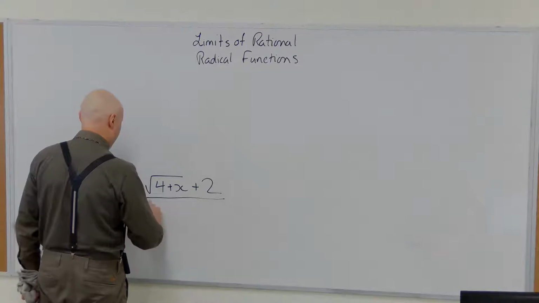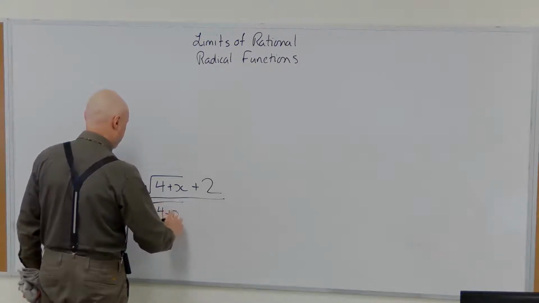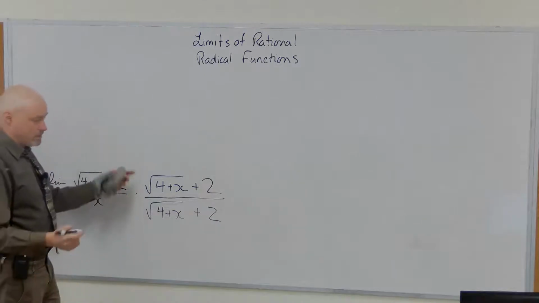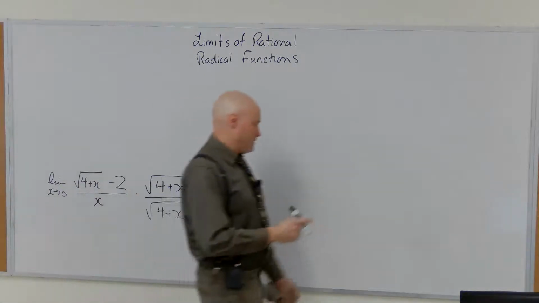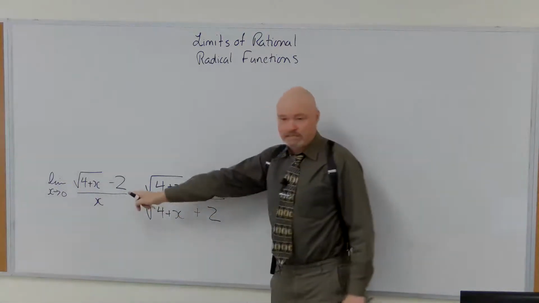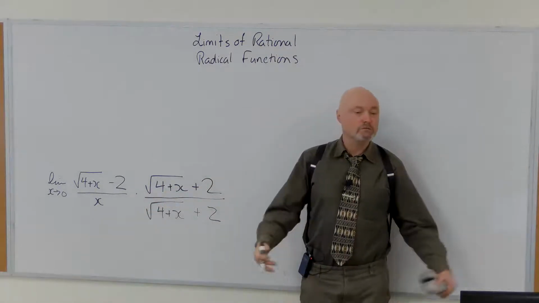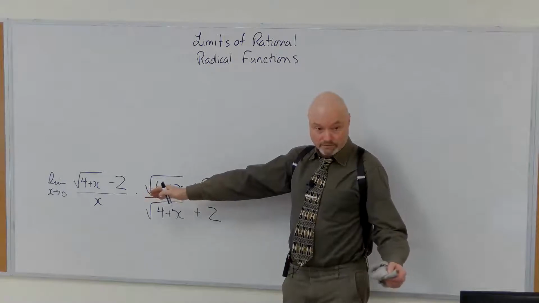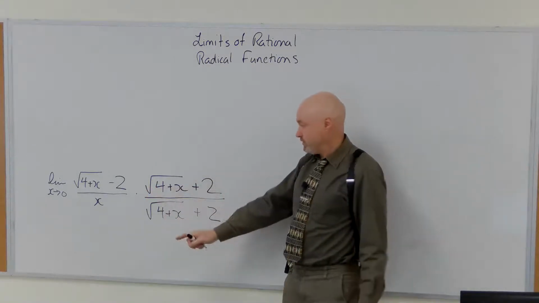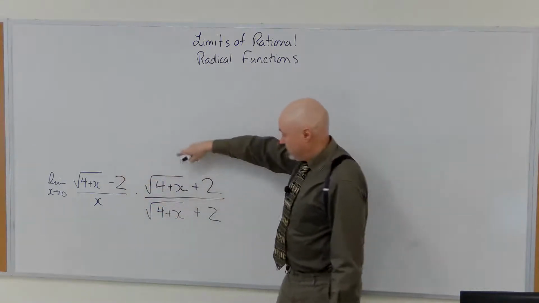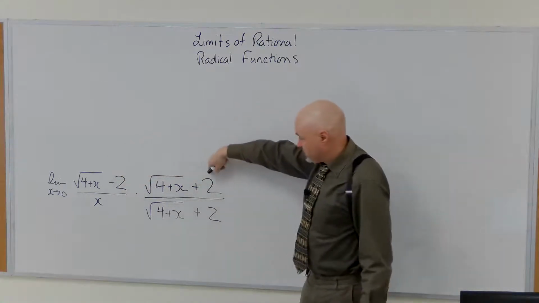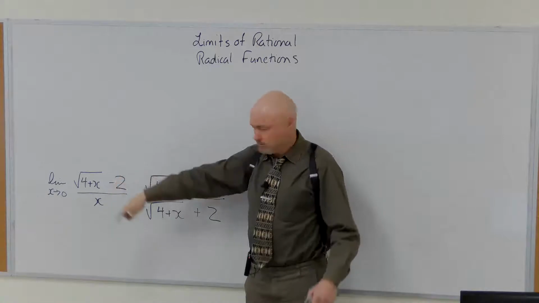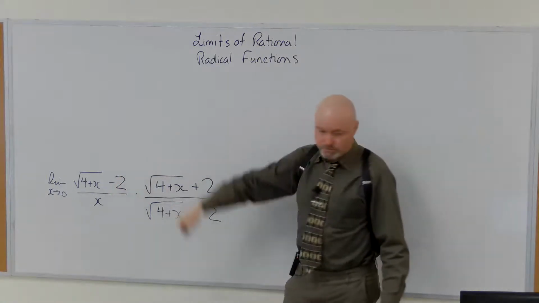Anyway, here we go. So multiply top and bottom by the conjugate. Now, this is magically like the difference of squares. When I expand this, I must keep mindful that root 4 plus x times 2 is going to cancel out with negative 2 times the root of 4 plus x.